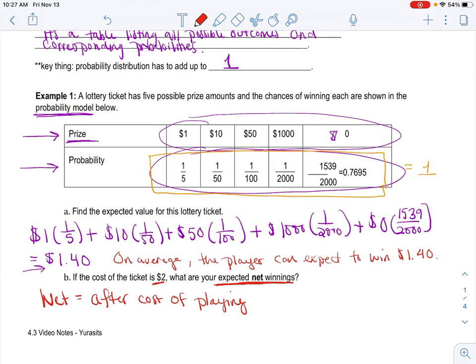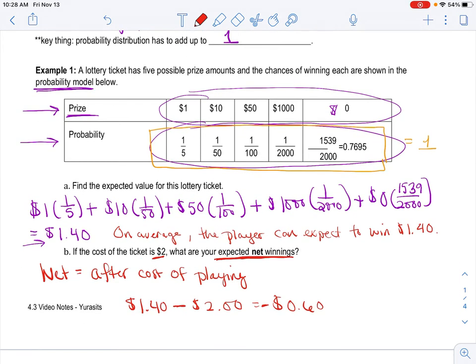So what you're going to do is you take your expected value always, and it is this order, and you're going to take away how much the lotto ticket was. And what do we get? We get a negative 60 cents.